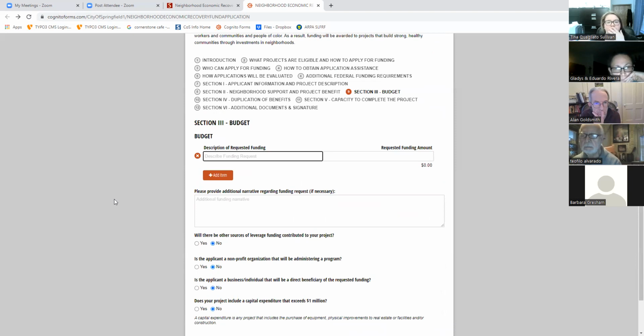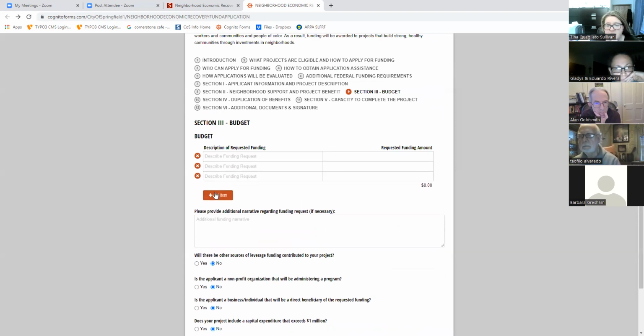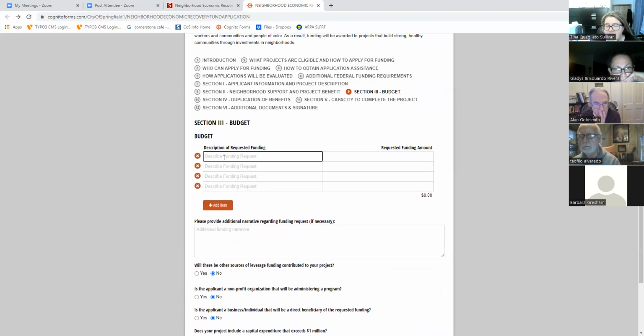Okay, so in this section, there's this neat button here. You can add line items. So maybe I'm going to go back to storefront improvement because I've thought through this a little bit. Maybe you're going to add a new awning, right? So you're in this box, typing in what you want to fund, and then you're typing in the funding amount.